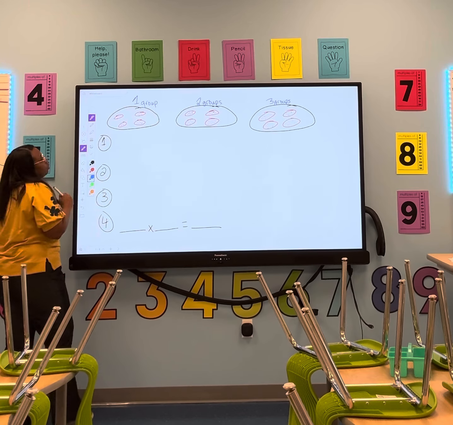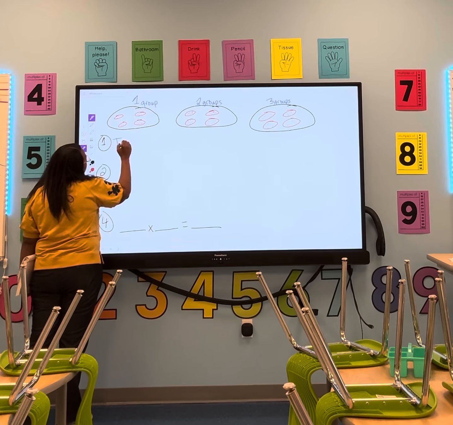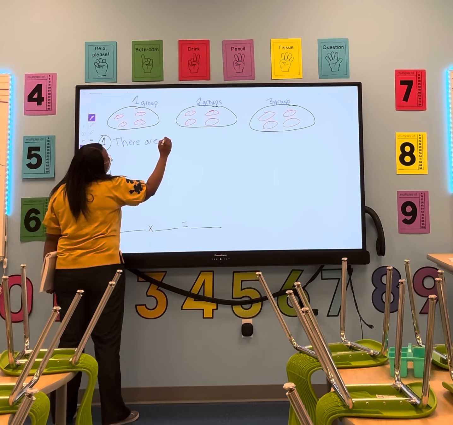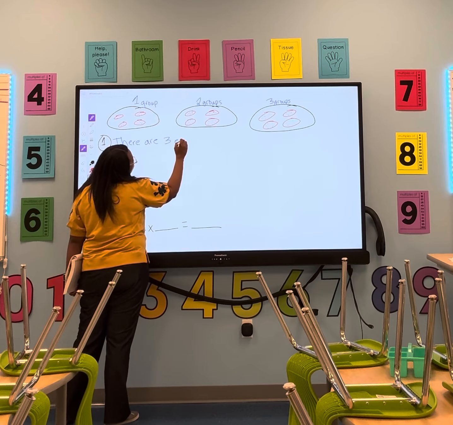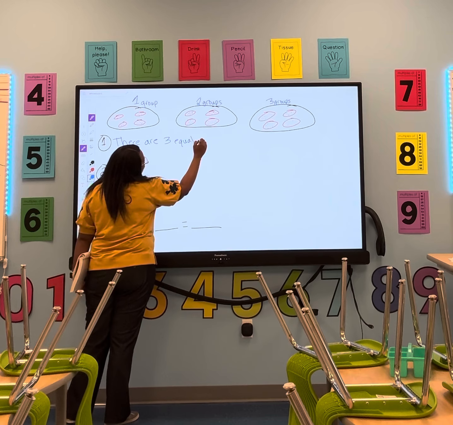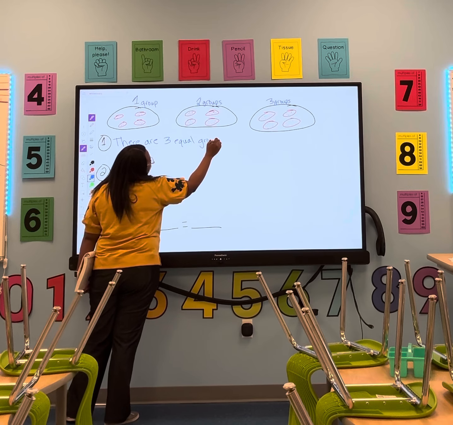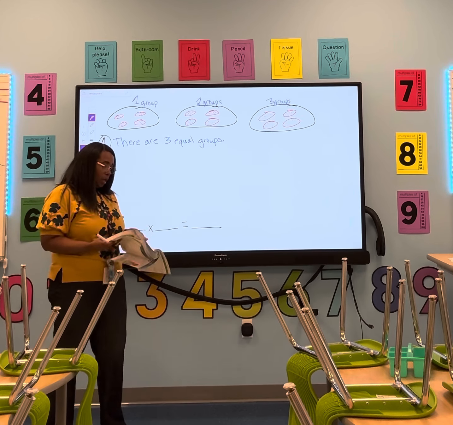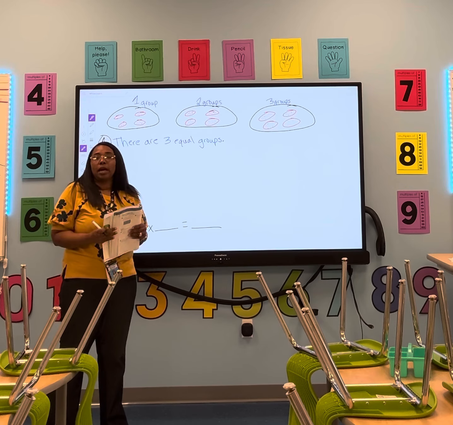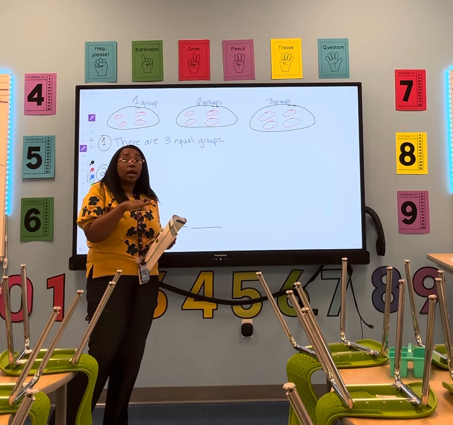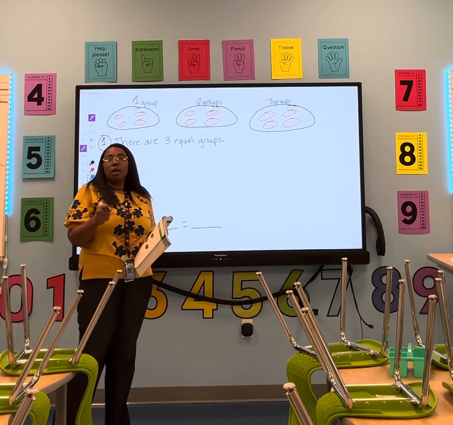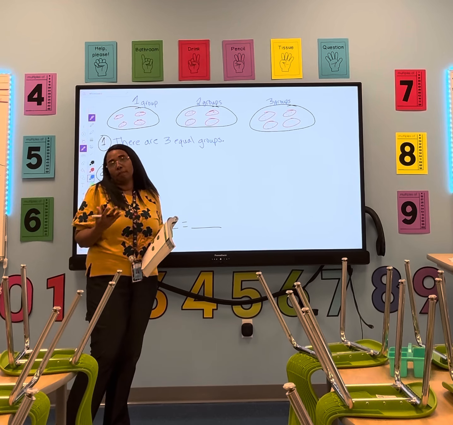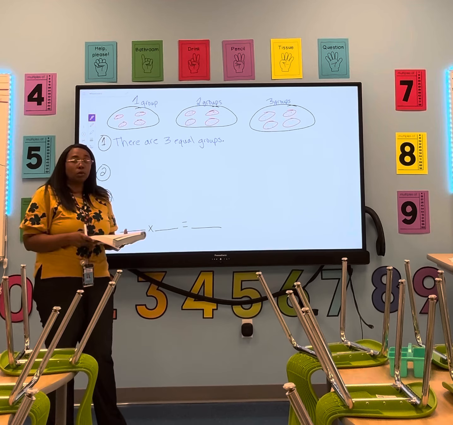The answer is there are 3 equal groups. Some kids in class got started on their homework ahead of time and put the number 3, and that's fine, because I know they mean 3 equal groups.